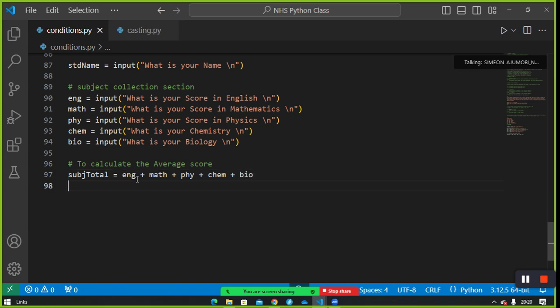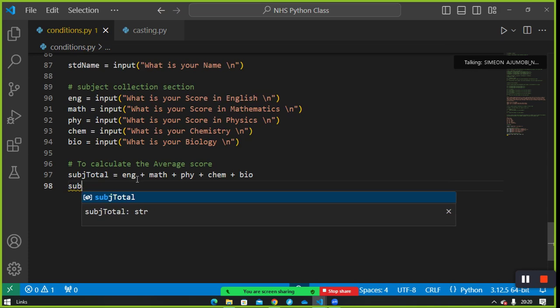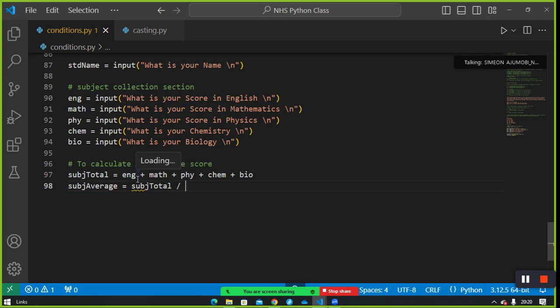This is it. And to have the average of all subjects, I can say subject average is equals to subject total divided by 5, the number of subjects.